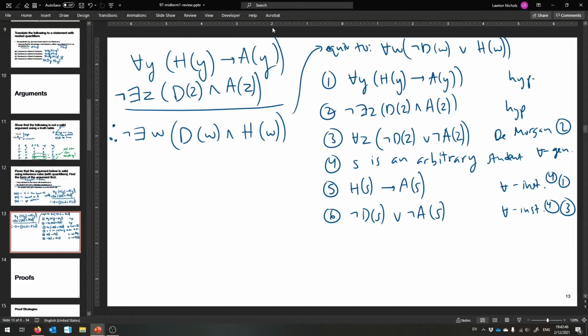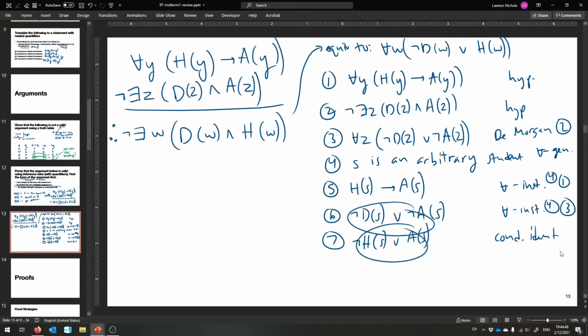Okay, so these are the things that we know now, and hopefully we can use those to our advantage. The trick is, from here, these are the two things that we know, we have to combine them somehow. The trick is usually get rid of implications, just make this all as simple as possible. So 7 is not H of s or A of s, so we're using the conditional identity.